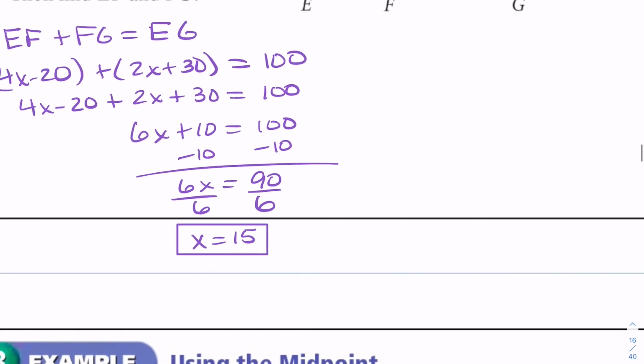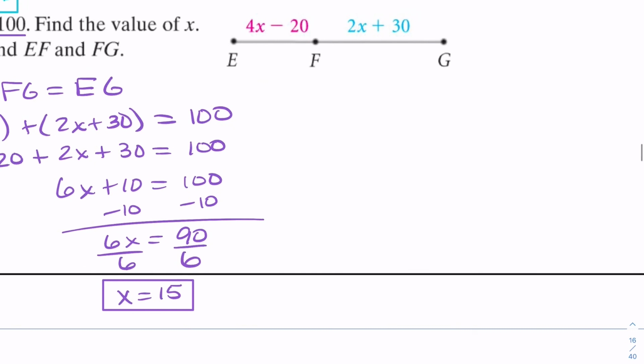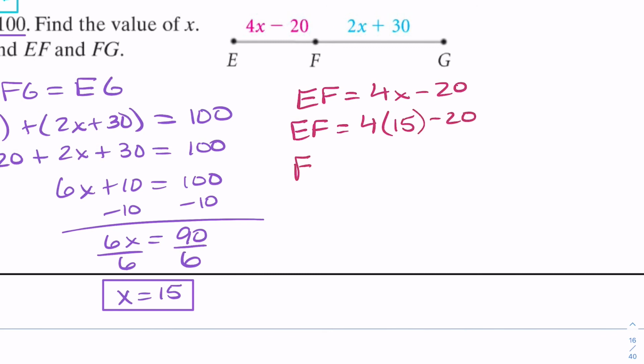So, all right, now I'm going to color code them. So EF equals 4x minus 20. EF equals 60 minus 20. EF equals 40.